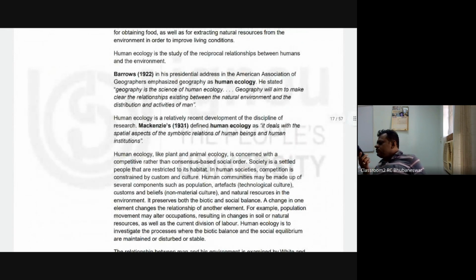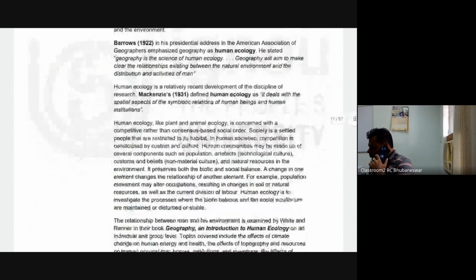McKinsey stated that it deals with the spatial aspect of the symbiotic relations of human beings and human institutions. Symbiotic means interrelationship, the interconnectedness. Because human beings and human institutions are interconnected, McKinsey defined it in a different way compared to H. Burroughs.